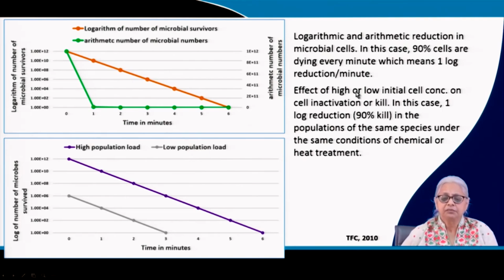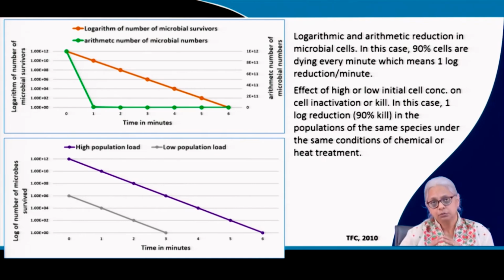In terms of the effect of high or low initial concentrations, let us say I have two samples. One has 10 to the power 12 cells per ml, and in the second case I have 1 million cells. And I want to know how much time it takes to reduce it by 1 log or 2 logs or 3 logs, whatever it is.